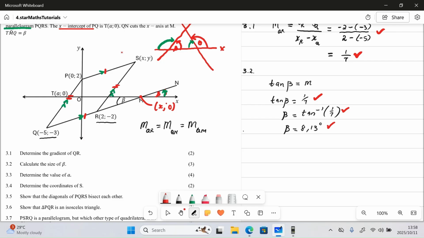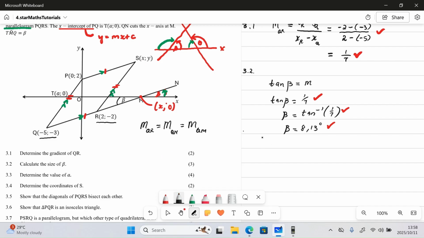So let's check. Do we have the equation of PQ? Because we need to find the x-intercept of PQ, since we are told that the x-intercept of PQ is T. So we need to find the equation. So let's go and find the equation.